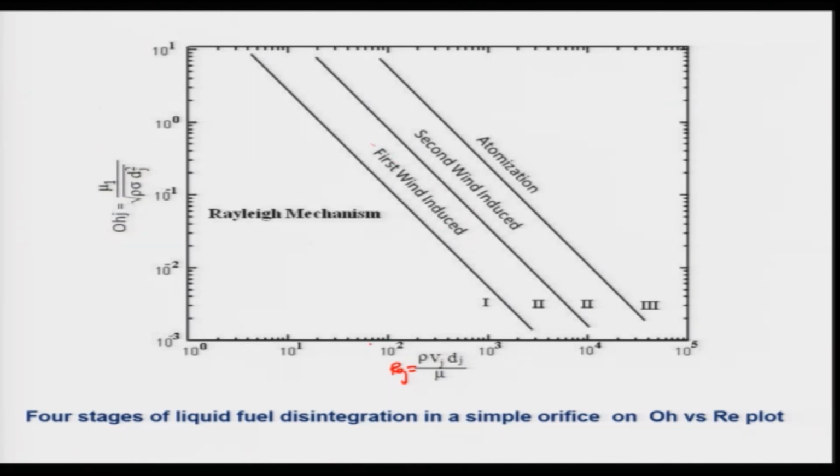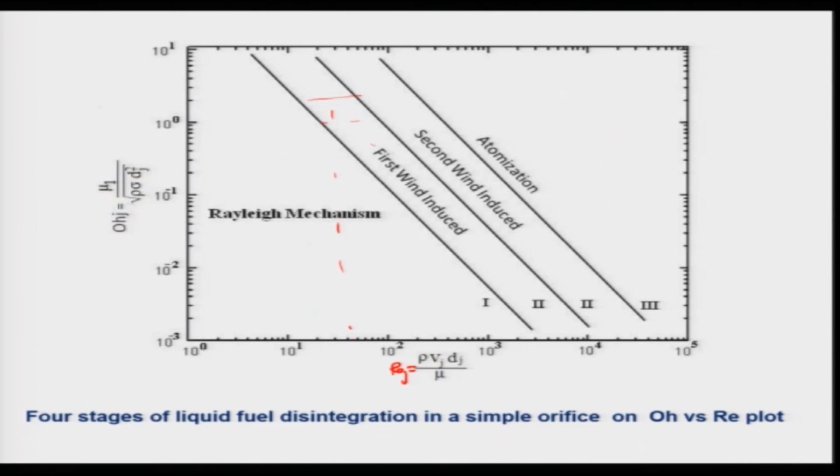Keep in mind that at a lower Reynolds number, this will occur at a very high Weber number. Whereas at a higher Reynolds number, the first and second wind induced regimes, even atomization, will be occurring at a lower Weber number. And of course, what is needed in an atomizer or injection system for rocket engine applications is atomization at a wide range of Weber number, and the Reynolds number will be much higher as compared to the Rayleigh mechanism.